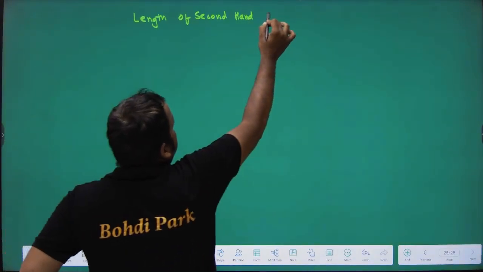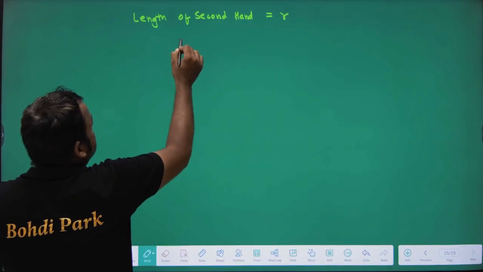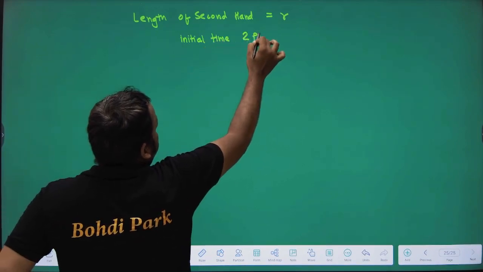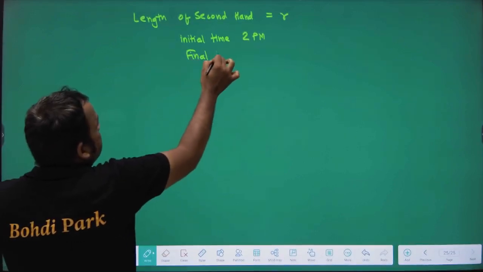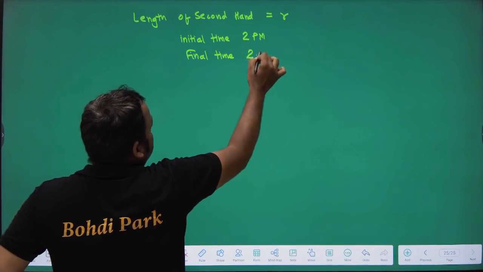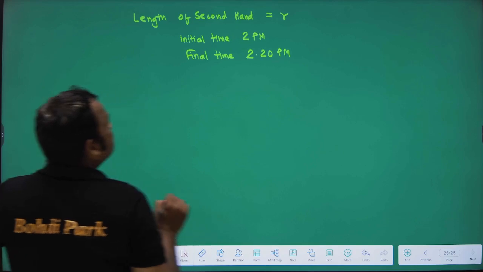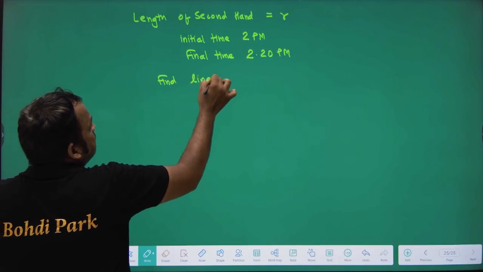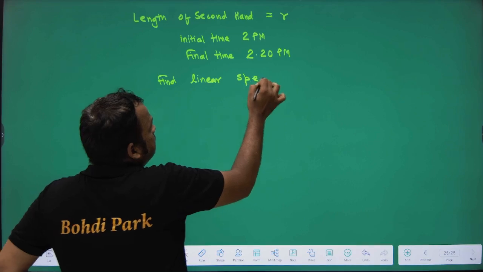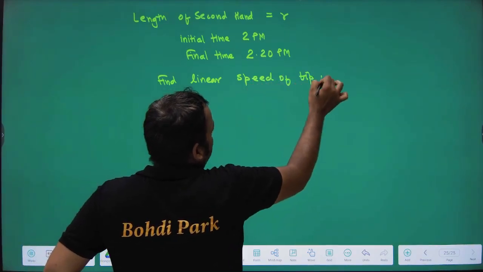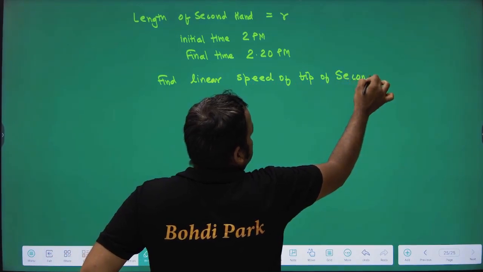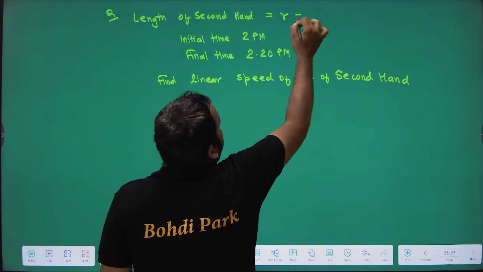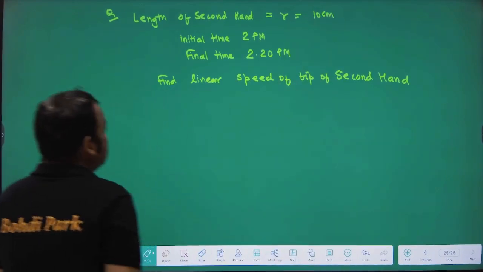Suppose the length of second hand is r, and initial time is given as 2 p.m. and final time is given as 2:20 p.m. Find linear speed of tip of second hand. So suppose the length of second hand is given as 10 centimeter.